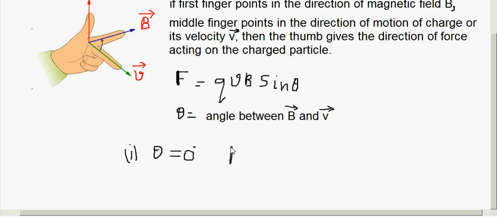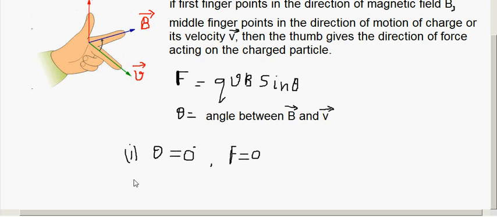That means if the charged particle is moving parallel or anti-parallel to the magnetic field, theta being 0 or 180 degrees, then there is no force experienced by the charge.